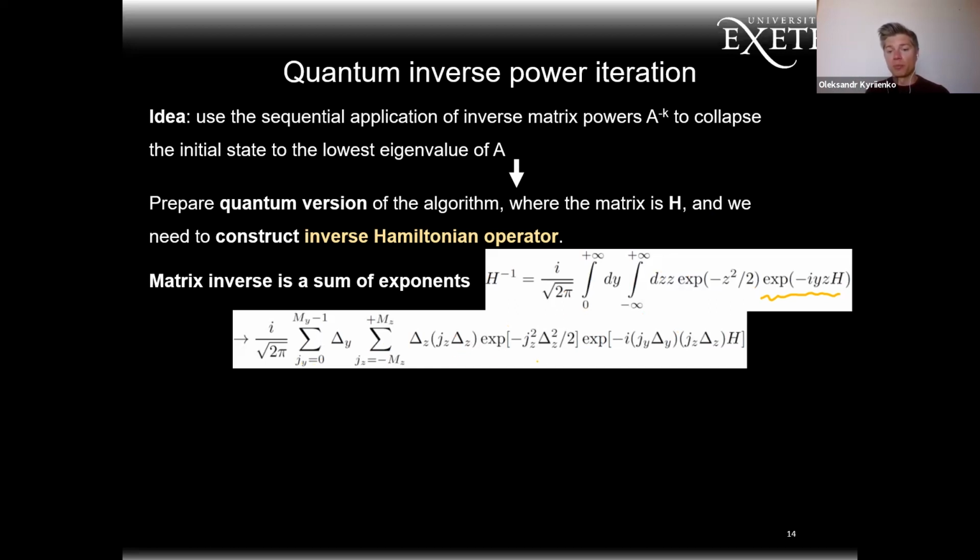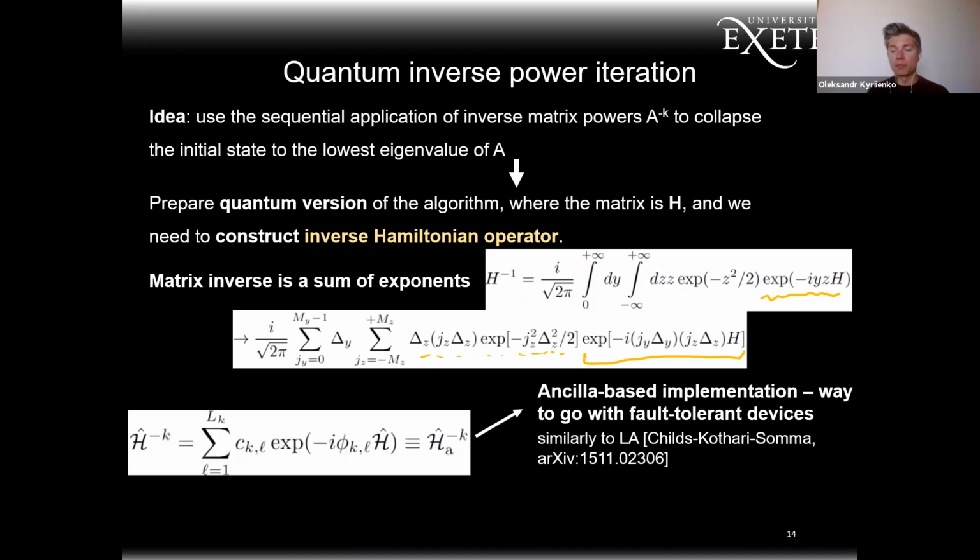There will be a prefactor in front and the unitary operator itself. So that's the quantum part, and this will be some classical post-processing, some coefficients in front. Basically you are trying to write H inverse as a linear combination of unitaries. Exactly.